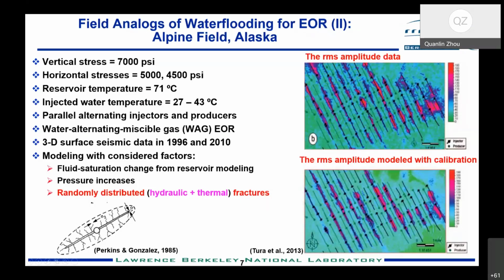The bottom figure shows the amplitude modeled with the calibrated rock properties. Their model was based on randomly distributed hydraulic and thermal fractures. Otherwise, the match was not good. They compared different models and pointed out that this model is the best for the history match.